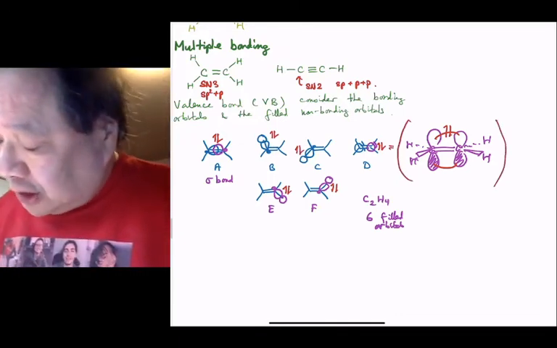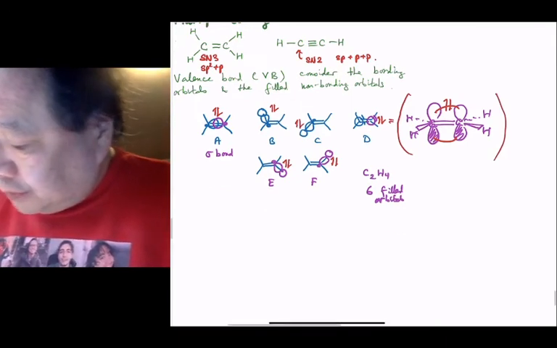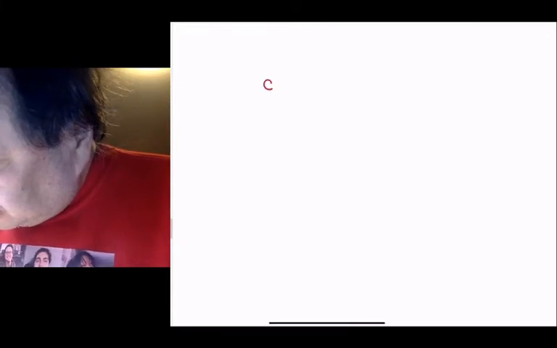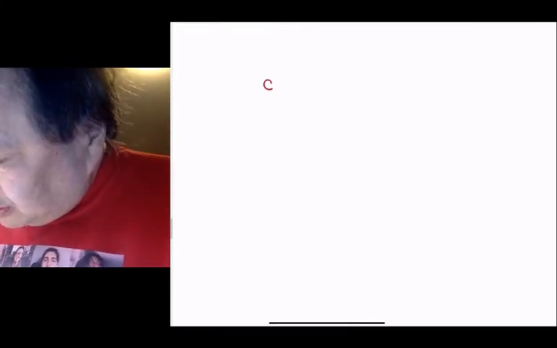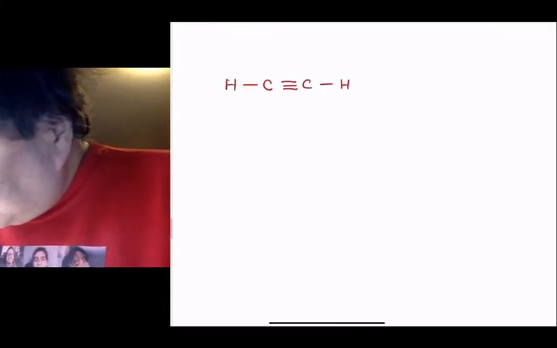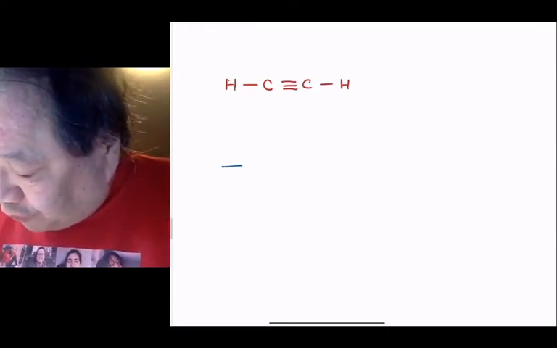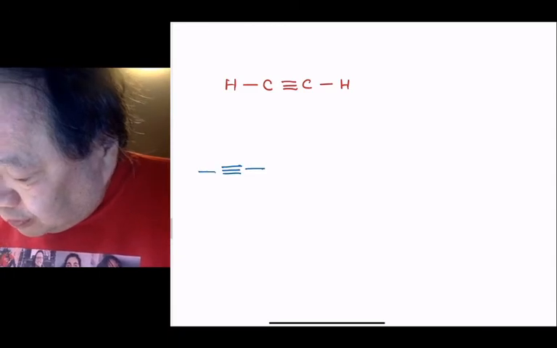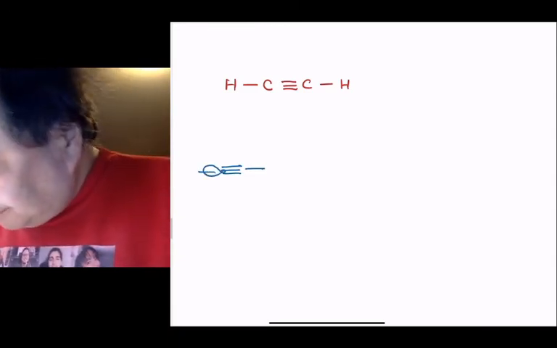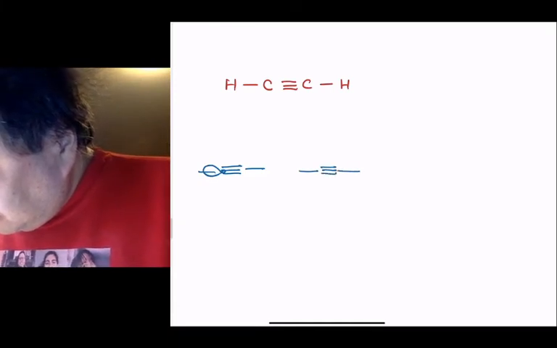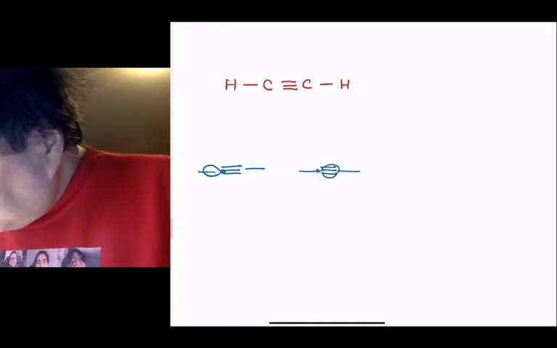In exactly the same way, we can turn to acetylene, which is sp plus p plus p. Let's look at that. Here's the framework. I have this guy. This sp hybrid.